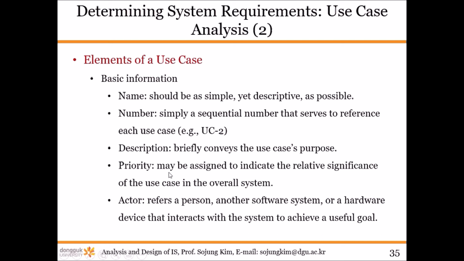And priority may be assigned to indicate the relative significance of the use case in the overall system. And actor refers to a person, another software system, or a hardware device that interacts with the system to achieve a useful goal. Okay, useful goal.